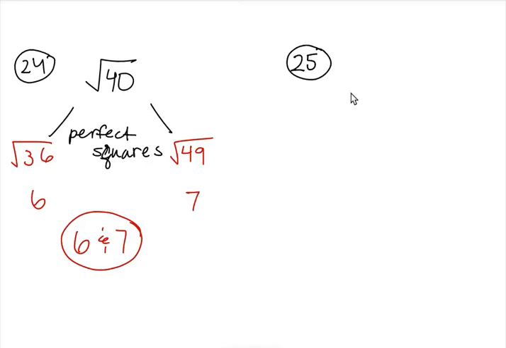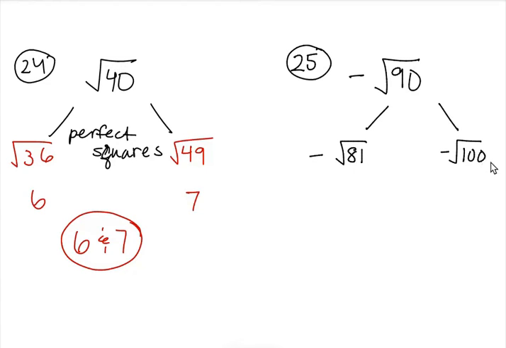Let's look at another one. Negative square root of 90. Okay, so first we need to find the two perfect squares that 90 is in between. Well, it'll be between 81 and 100. If you look at your perfect square list, 90 is in between 81 and 100.